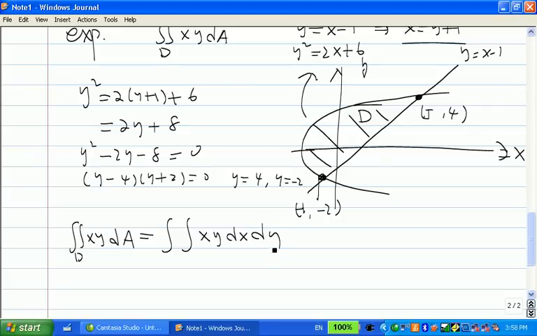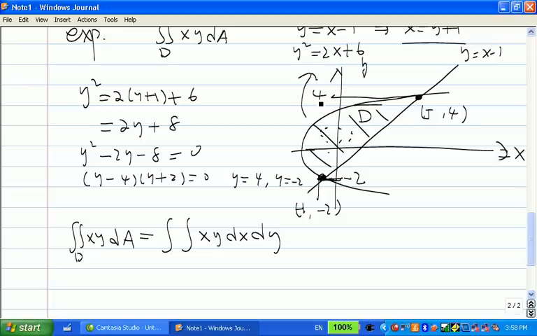If you do it that way, project this region D on the y-axis, like that. For every point here, find the smallest y coordinate. You have so many points. Find the smallest possible y, which is what? Look at here, minus 2, right? Your largest y for all the points in D is 4.